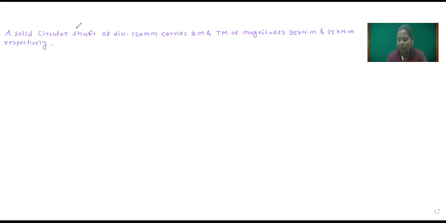Full stop. Find the major principal stress induced in the section, and where does it develop?